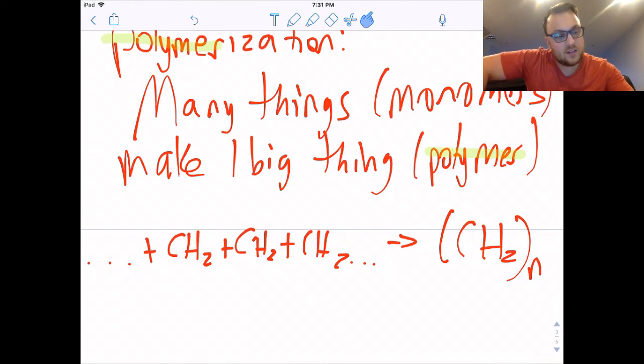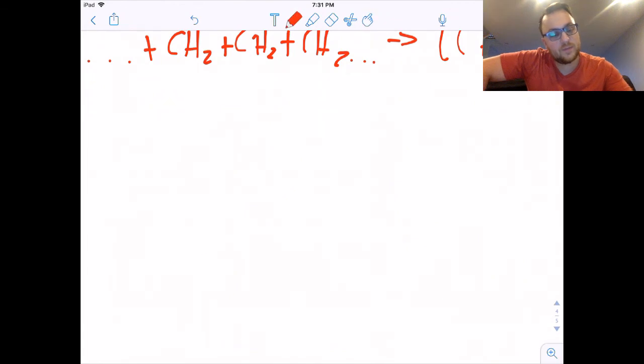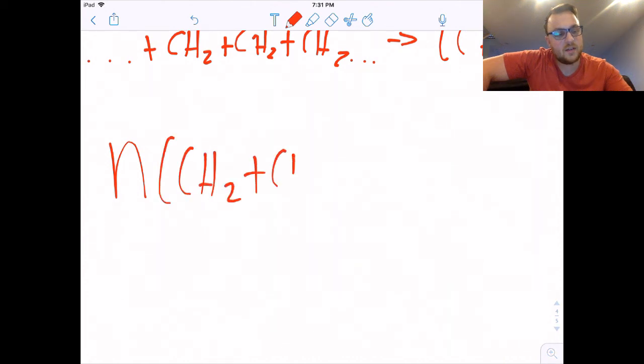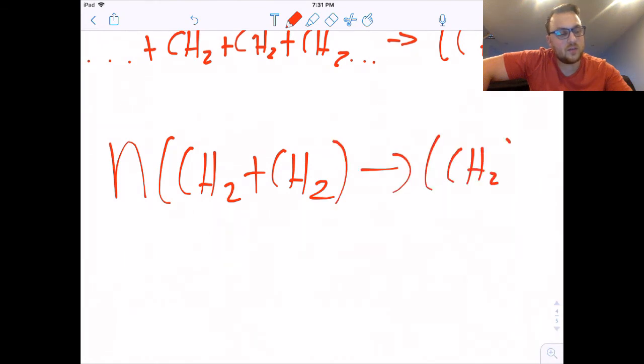So, sometimes instead of doing the dot, dot, dots, they'll just use n's. So, like, these n amounts of CH2s being added will just make one giant CH2 molecule. They always use n for some reason. I don't know why.